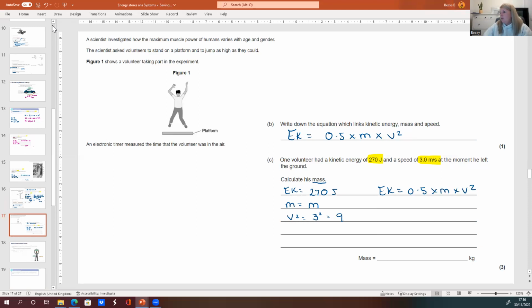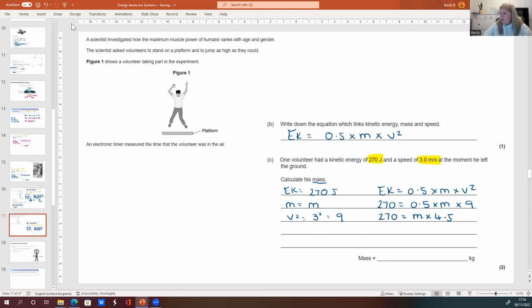Now I'm going to substitute my numbers in. 270 equals 0.5 times m times 9. I'm going to simplify it. I'm going to do 0.5 times 9 first, just to simplify this side. M times 4.5.